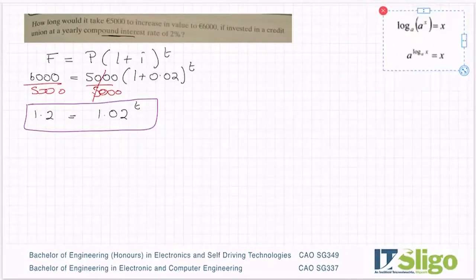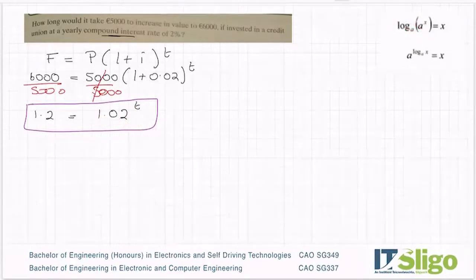So I know that if I now take the log of both sides and I match the base number, the base a and log a are going to cancel, and I'll be just left with what's in the power, which is t in my case. So how does that work? Well, this is method 1. I would get log to the base 1.02 of 1.02 to the power of t. And what I do to one side, I have to do to the other.